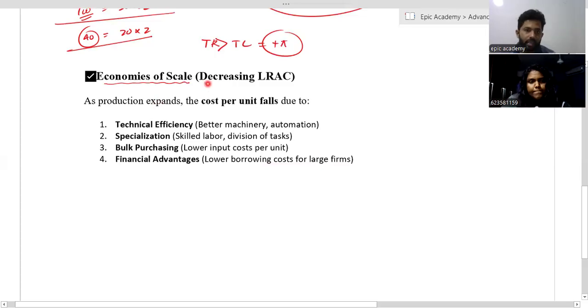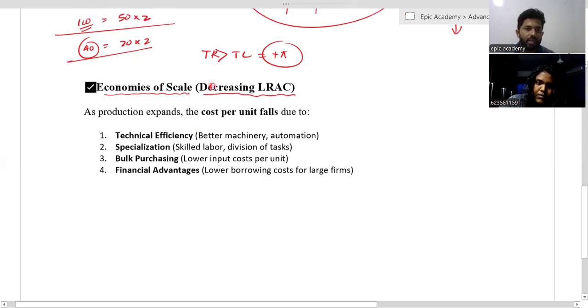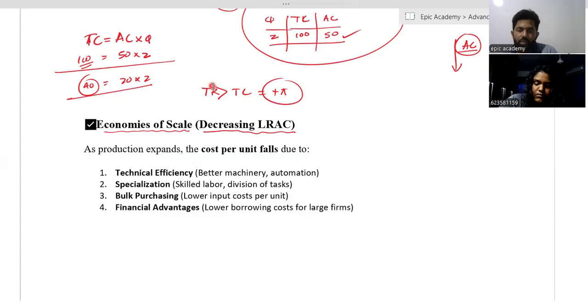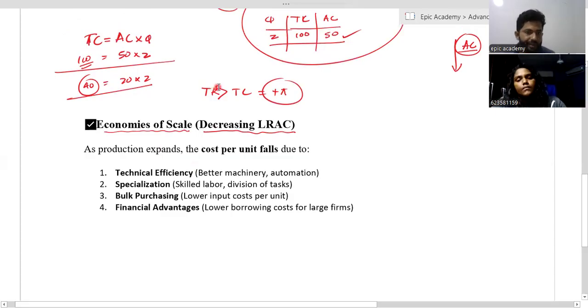If the average cost is decreasing, is that favorable for the producer? Yes. If the average cost is reducing, it is good for the producer. When other things remain constant, if the producer can reduce the average production cost, it's very easy to continue the production.